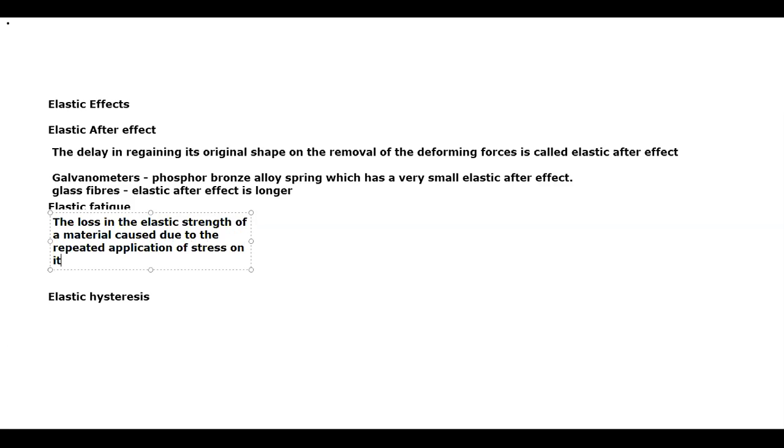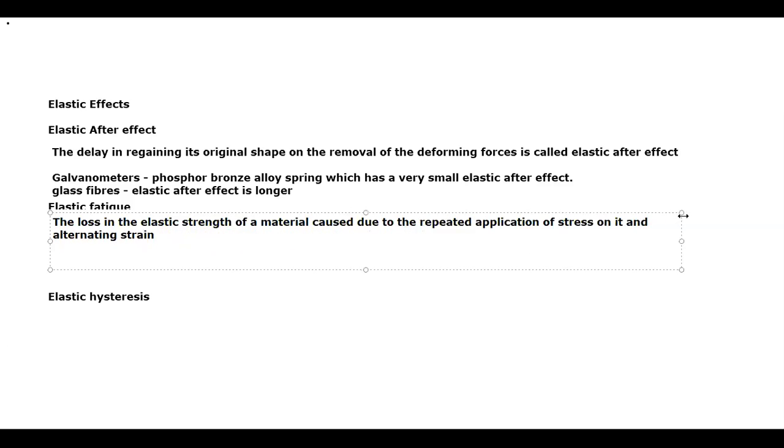So you are going to repeatedly apply a stress on the body and alternating strain. Right? So the loss in the elastic strength of a material. And why does it lose it? Because you are going to repeatedly apply stress and the alternating strain.